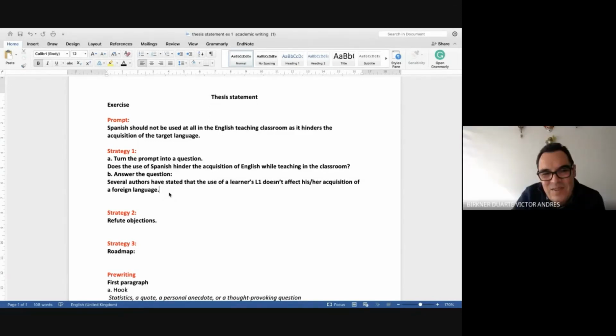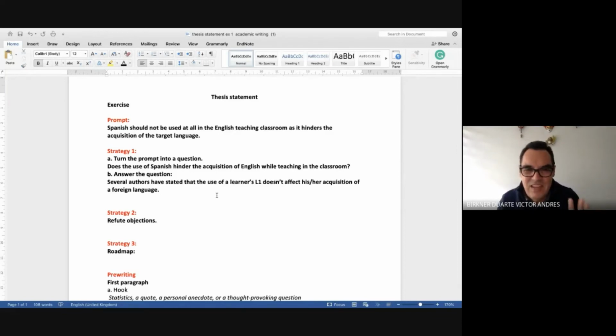Yes, because if you read the thesis statement, I don't say anywhere that Spanish should be used in the classroom. But the way I wrote the sentence, I said several authors have stated that the use of the learner's mother tongue doesn't affect. It means that I'm supporting that idea, all right?